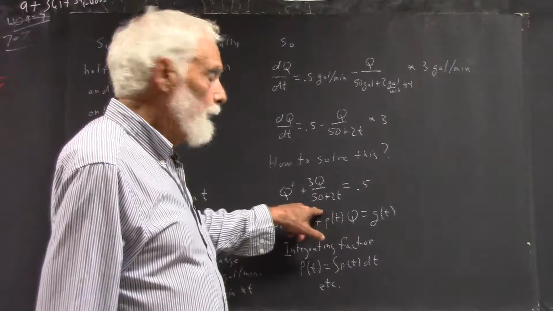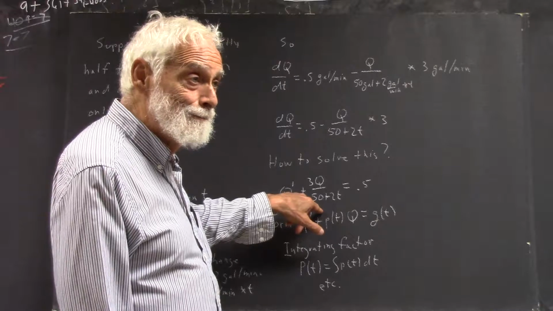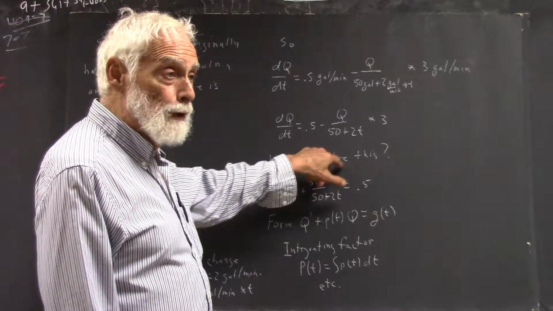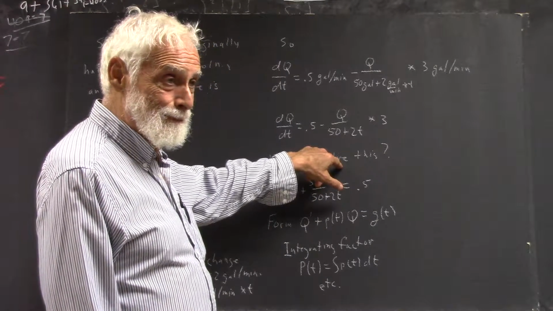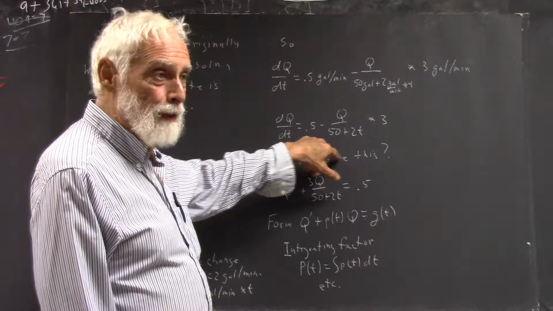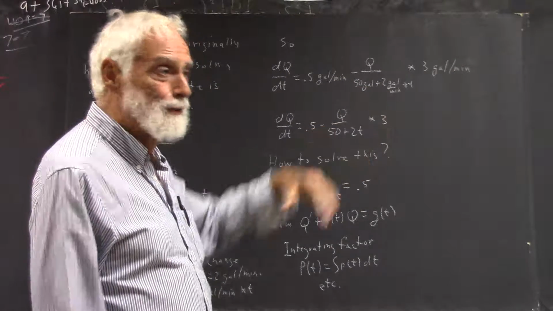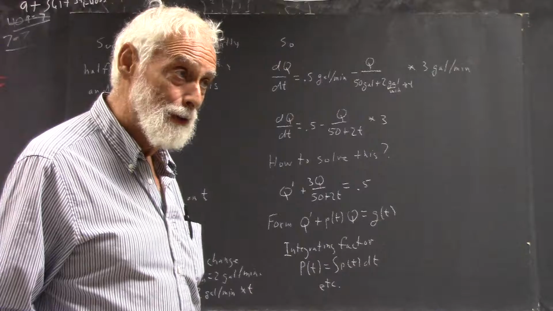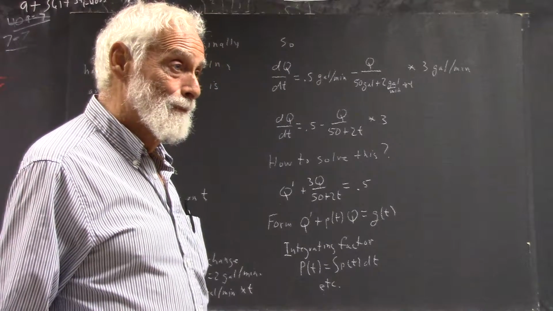Well, the integral of this is just another natural log. So it's e to a natural log, and e to a natural log of something is just that something, because e and the natural log are inverse functions, right?